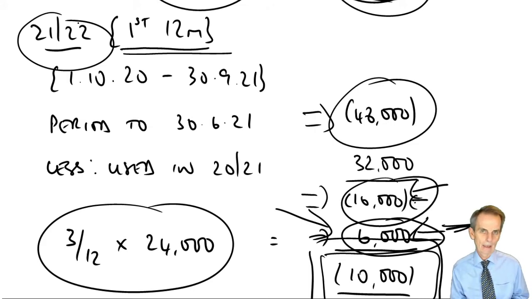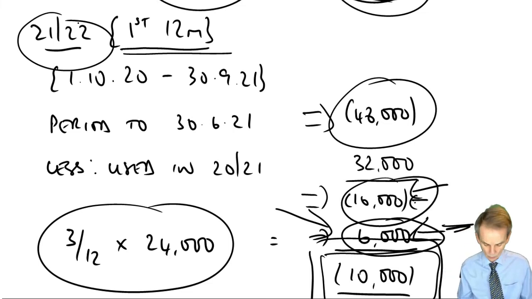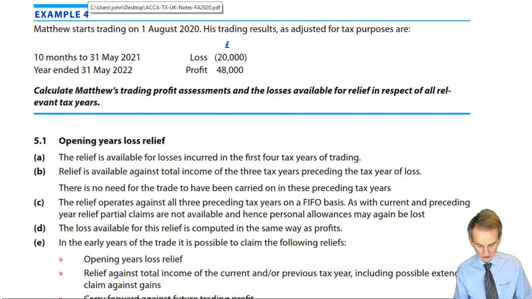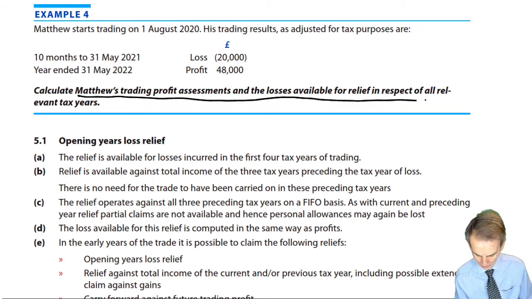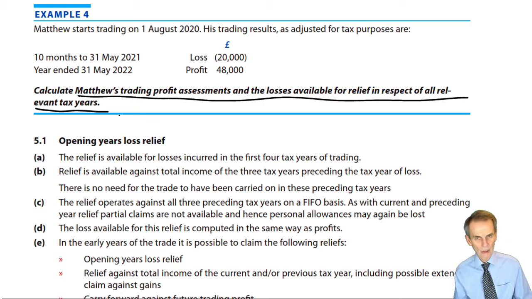But what we also have in opening years, as we mentioned in our introduction to this chapter, is a specialist opening years relief. And that's what we'll move on to next, but only after you've had a little chance to practice your newly found knowledge in the context of example 4, where you need to calculate Matthew's trading profit assessments and the losses available for relief in respect of all the relevant tax years.